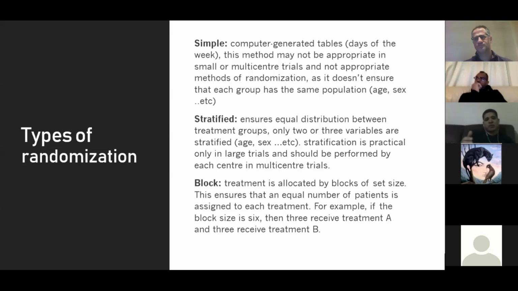The next will be stratified, where you ensure equal distribution of treatment among age, sex, everything. And block, where you make blocks with a number, and in each block you are sure that you have the same number of patients, the same number of each age group, or the same number of each sex. So that is the best one.